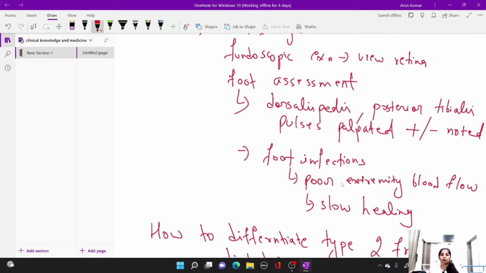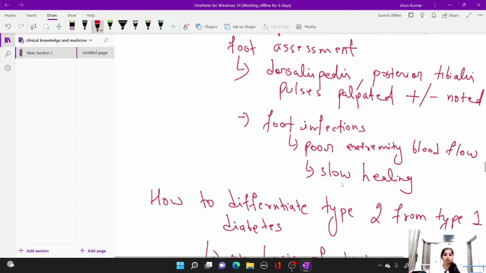So at the foot level, the dorsalis pedis and posterior tibialis pulses are palpated, which can be present or not. Because of this foot infection and slow healing, the patient might be told to undergo amputation. And there can be diabetic cellulitis in the foot or anywhere else on the body due to trauma, infection or abrasion.